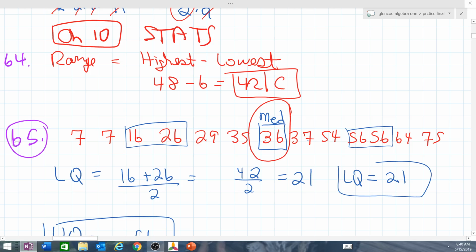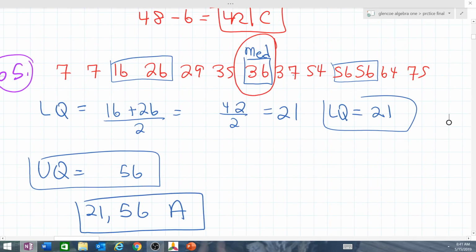The lower quartile has two middle numbers, so you add them together and divide by 2, which gives me a lower quartile of 21. The upper quartile has two middle numbers, both of which are 56. So the upper quartile is 56. And the correct answer there is choice A. 65 is A.